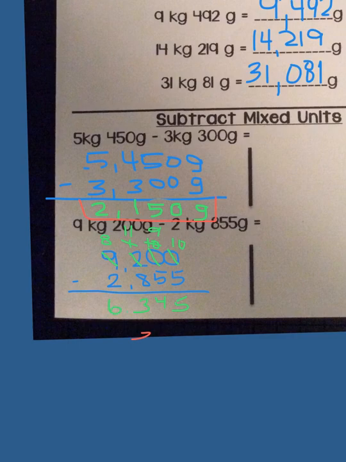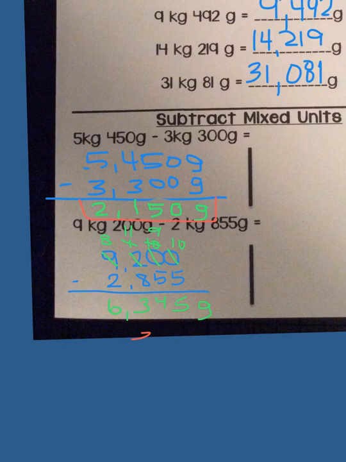Don't forget your comma. And these are grams, so we would put our label of grams. Okay. Hopefully you got the same answer. If you didn't, just pause the video and make sure that you regrouped the same way that I did.